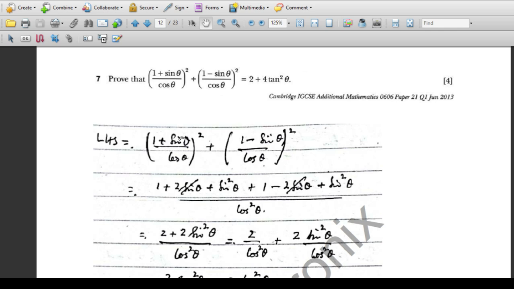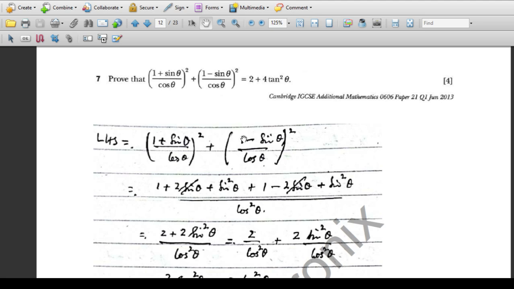We have taken this left hand side and from this we open it. In the denominator this is cos square theta, in the other denominator it is again cos square theta. So we take the LCM and we open it. A plus b whole square is a square plus 2ab plus b square.